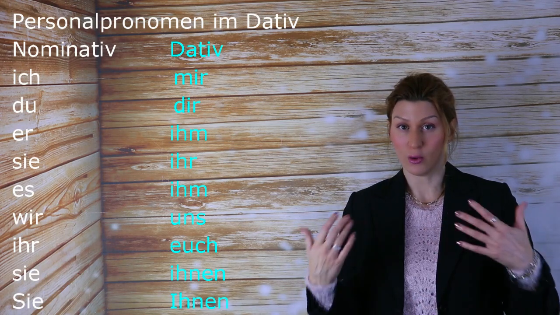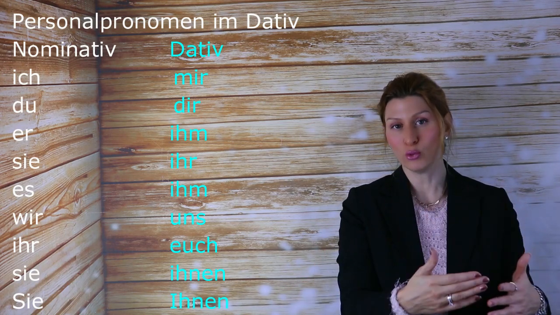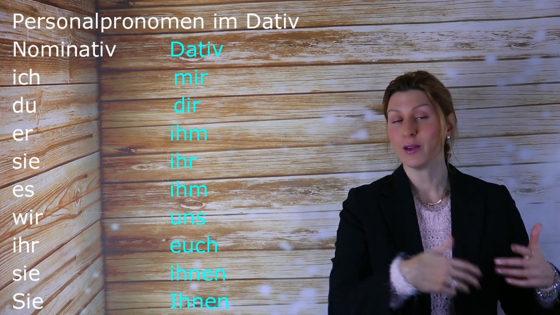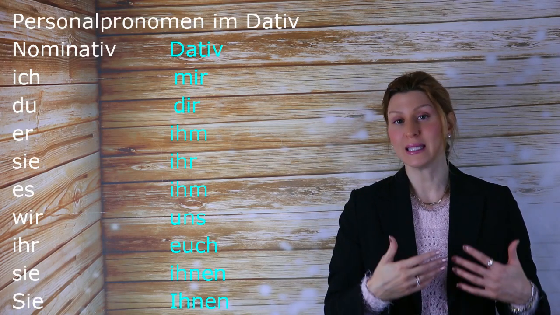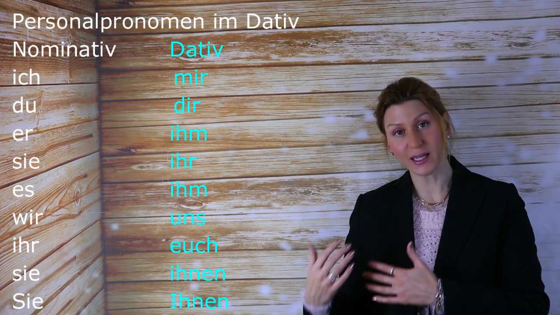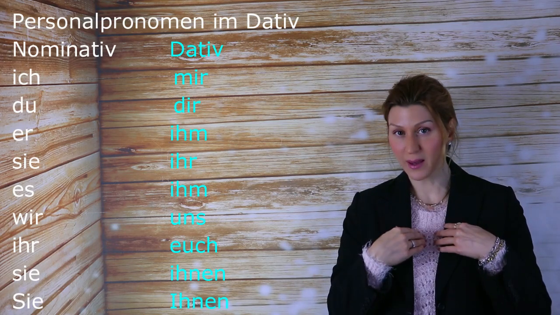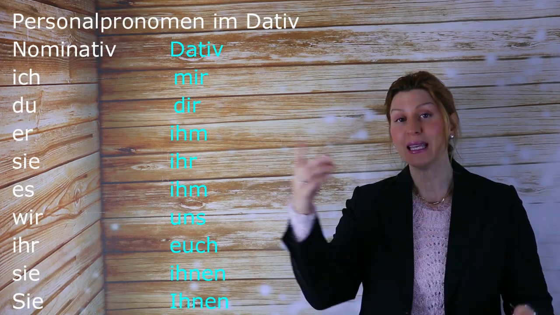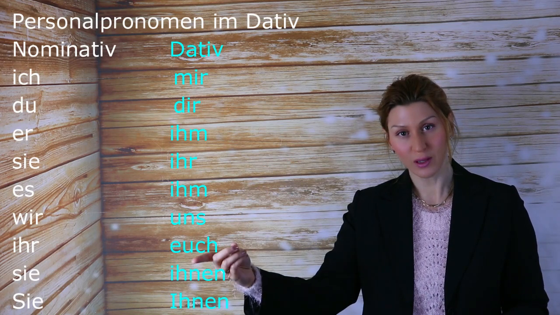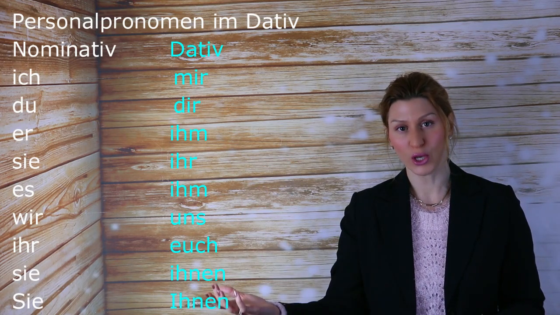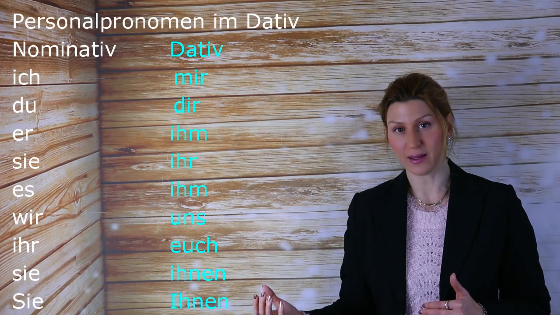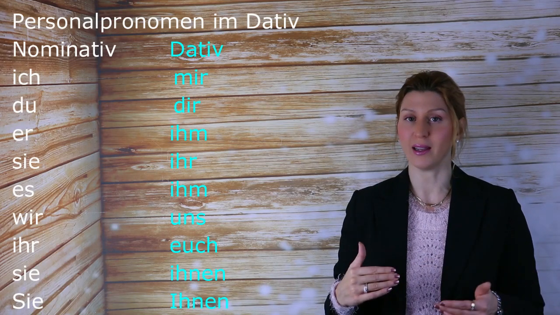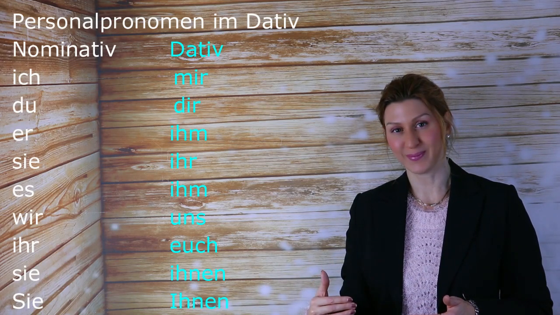So, you know, we have in nominative ich, du, er, sie, es, wir, ihr, sie. And in dative, this would be mir, dir, ihm, ihr, ihm, uns, euch, and ihnen, informal and formal.